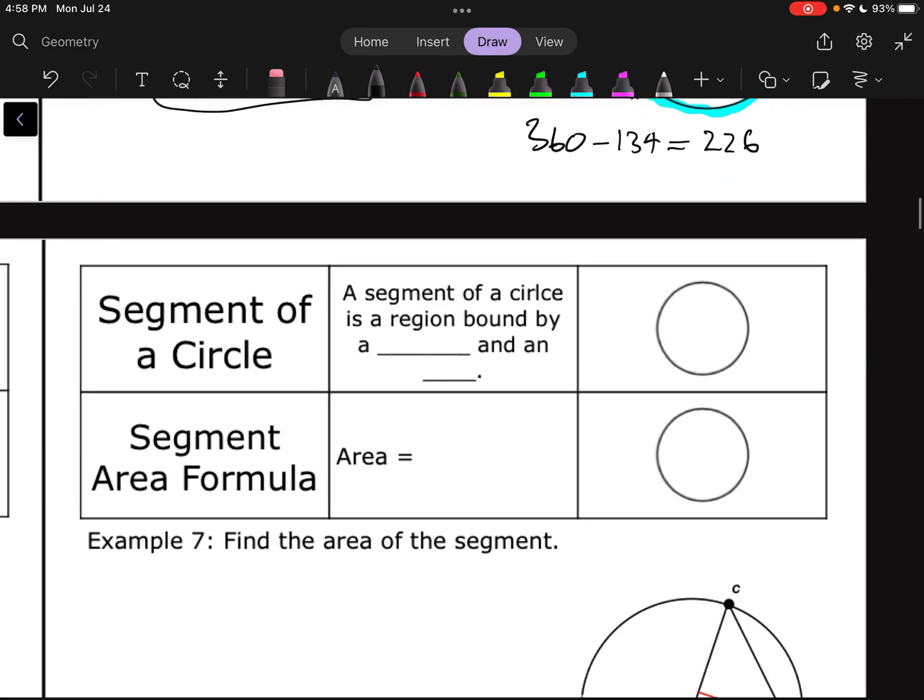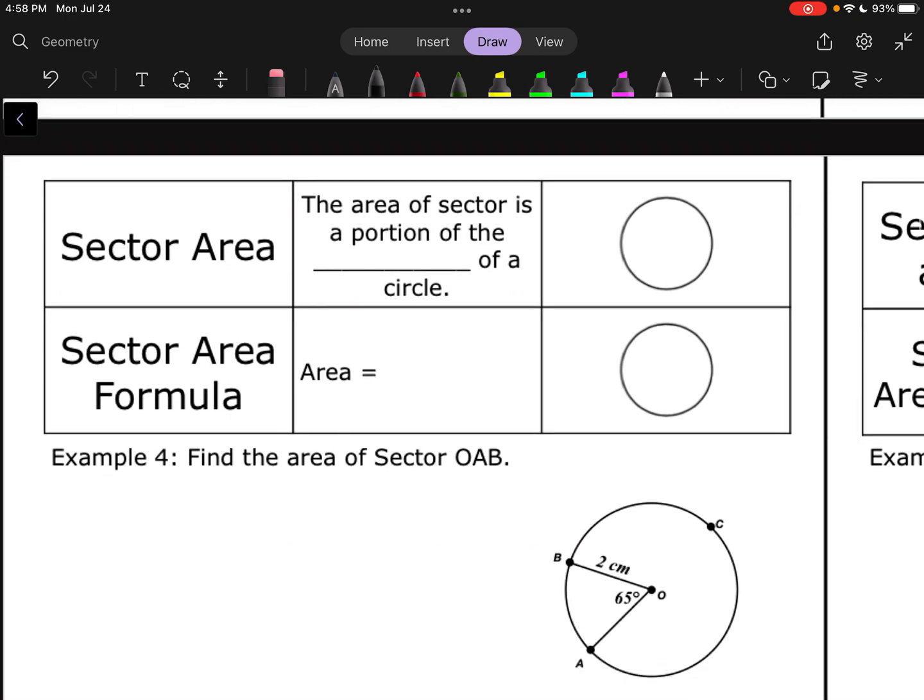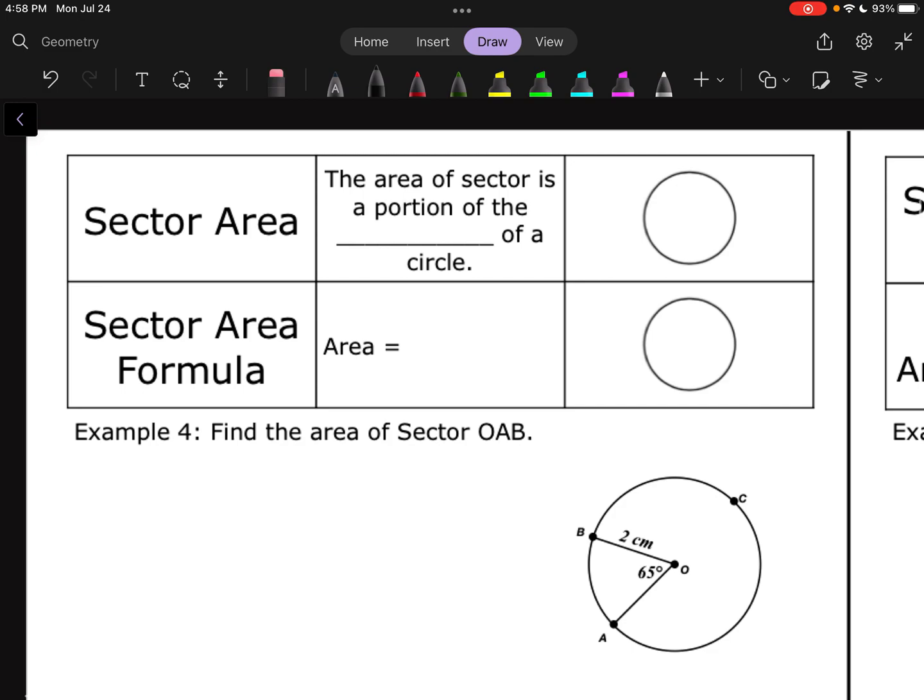Okay, so let's go to the inside and let's talk about some sector area. So sector area, the area of a sector is a portion of the area of the circle instead of the circumference this time. So a sector represents the actual area inside this piece, right? It's like it's a piece of pie, it's a piece of pizza.